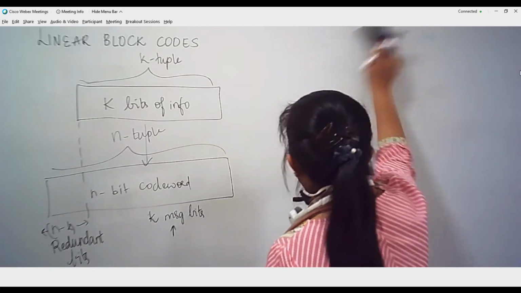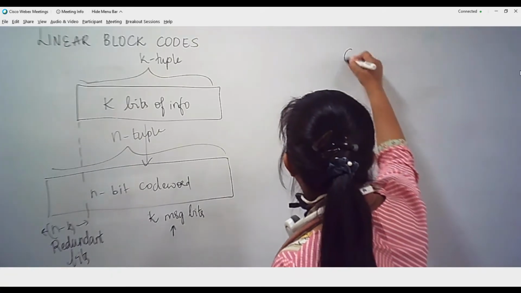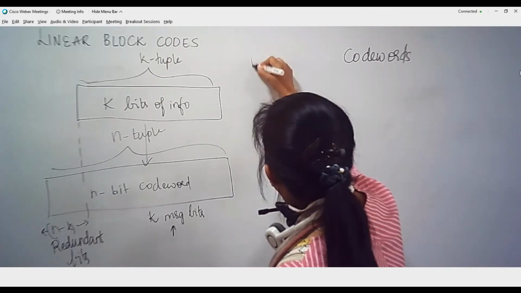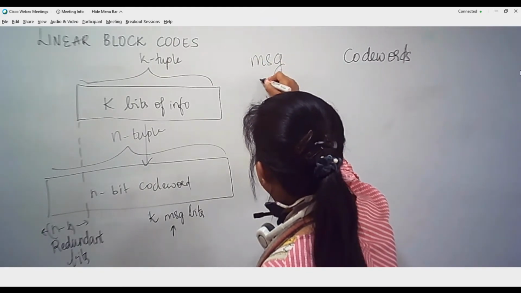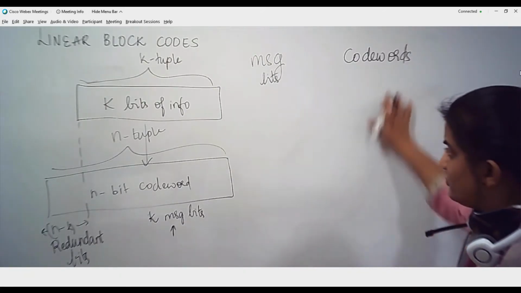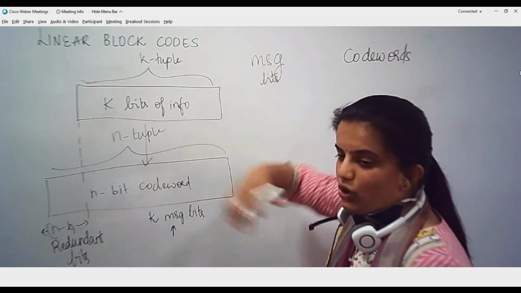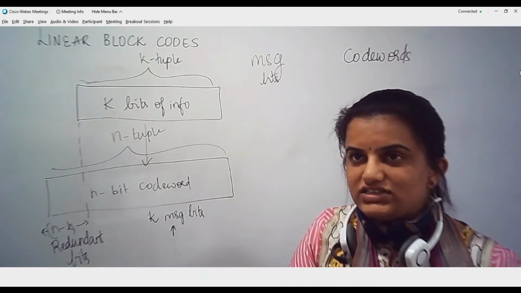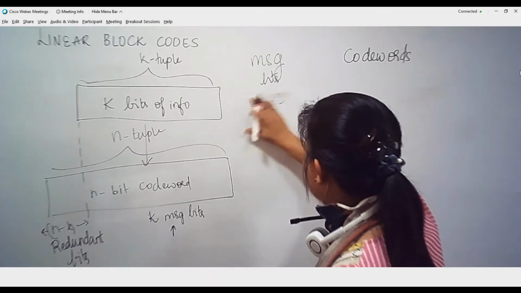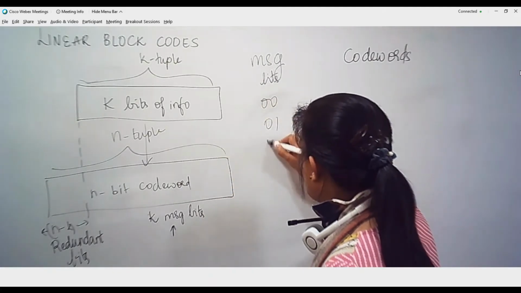So what we will do here is, whenever we are generating the code words in the channel, let us assume that we have message bit combinations and code word combinations. If there are k bits, then the possible number of combinations, if I have k equal to 2, then I will have 4 combinations of bits, that is 0 0, 0 1, 1 0, 1 1.